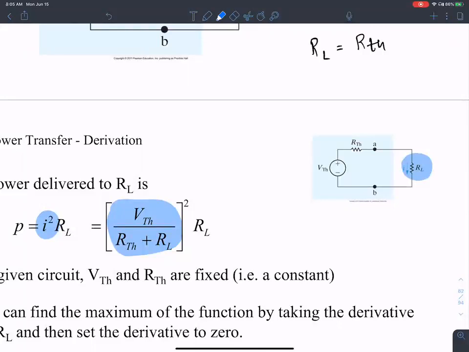That's the amount of current flowing. You see, the amount of current flowing through this is the total voltage applied, VTH, over the total sum of the resistances. Okay, so that's the current. Okay, I squared times RL.